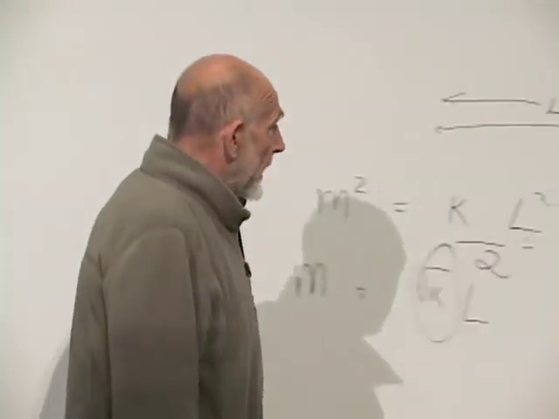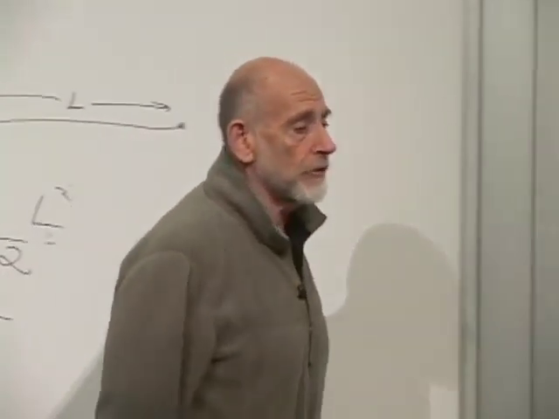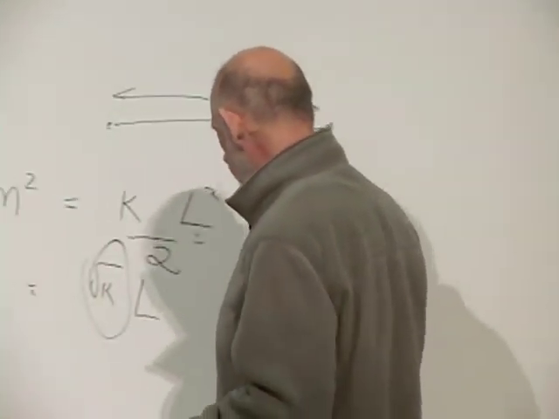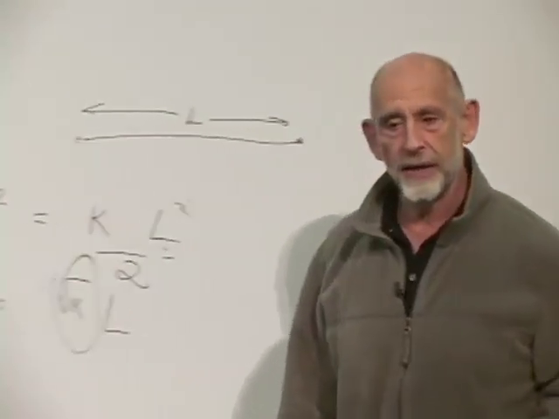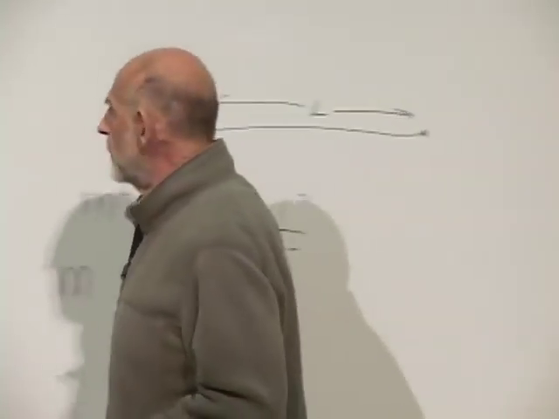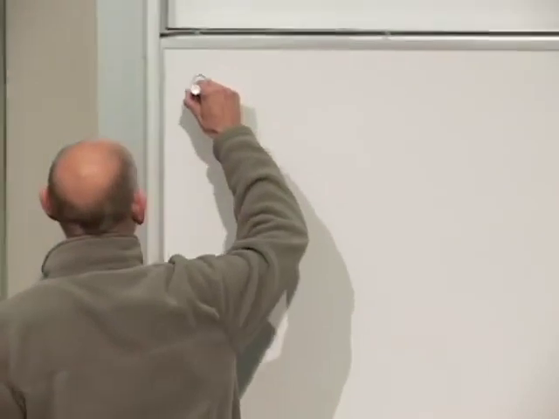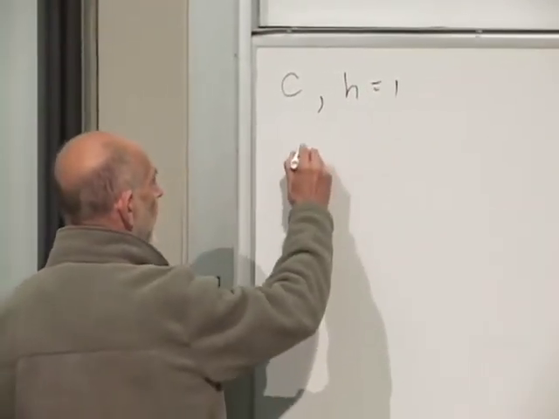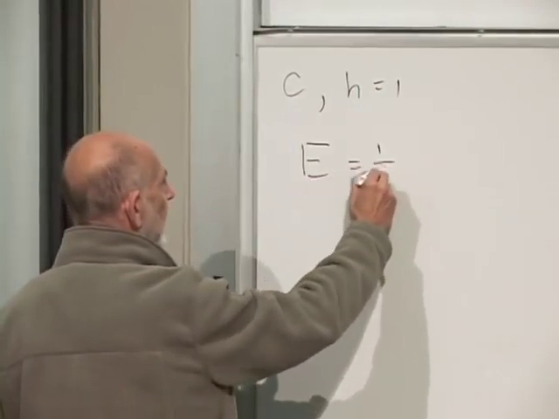Right? Now, how much energy do we get for each oscillation, oh, yeah, what are the units of the square root of K? Let's work in our favorite units in which the speed of light and Planck's constant are equal to 1. In those units, energy has units of 1 over length.